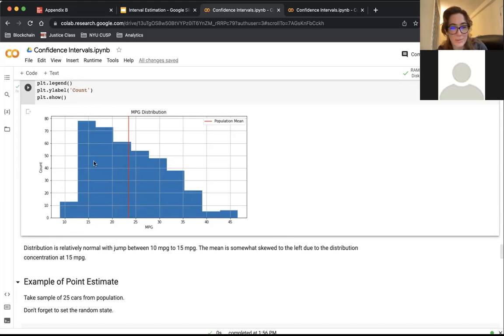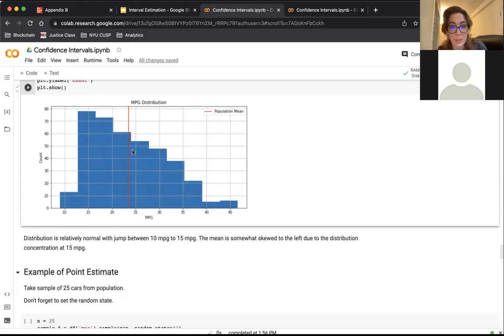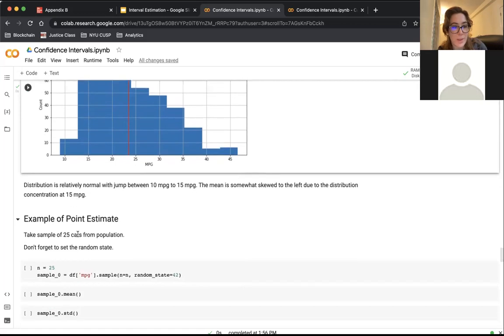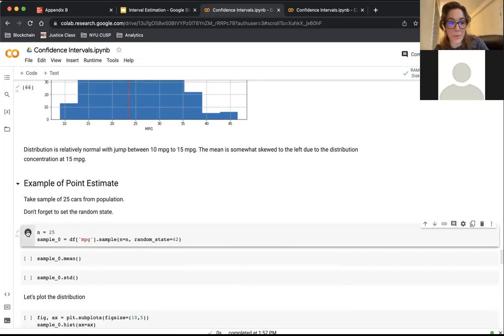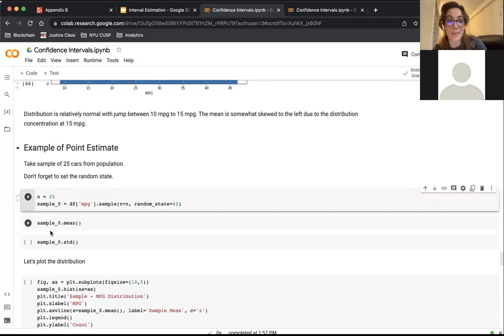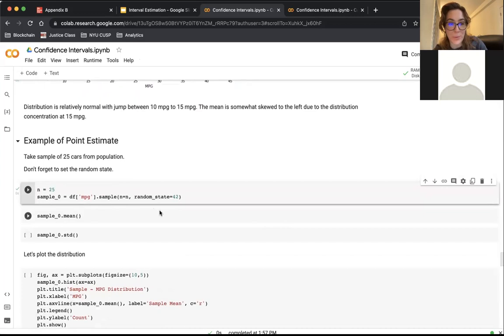You have this jump here, and it is somewhat skewed to the left due to this concentration at around 15. So we're going to use this random sample just to take 25, and this ties in some concepts we covered in the last class, where n equals 25. We're just saying, let's take a sample and estimate the mean from that one sample.